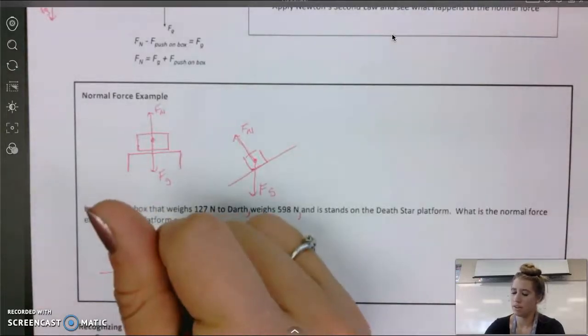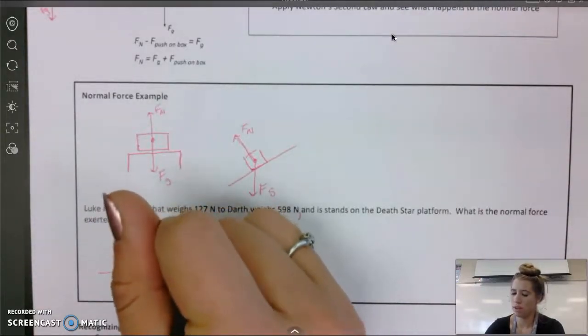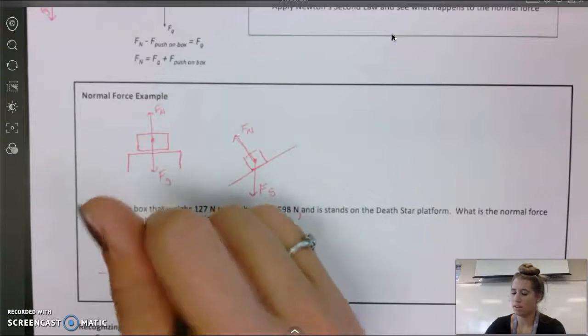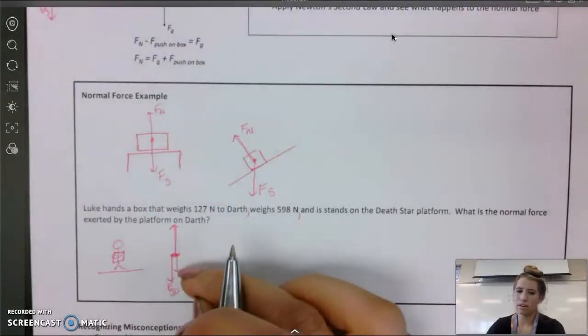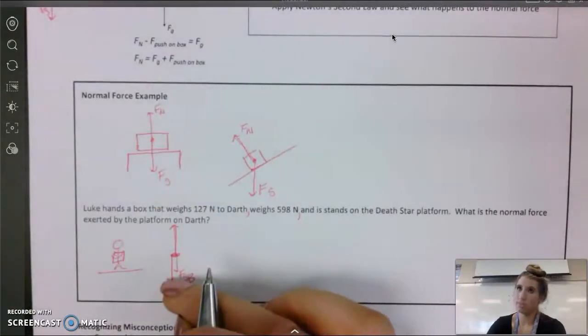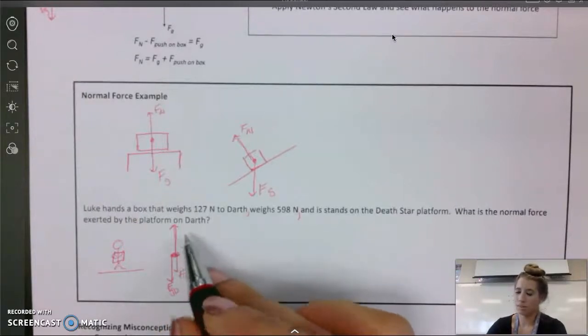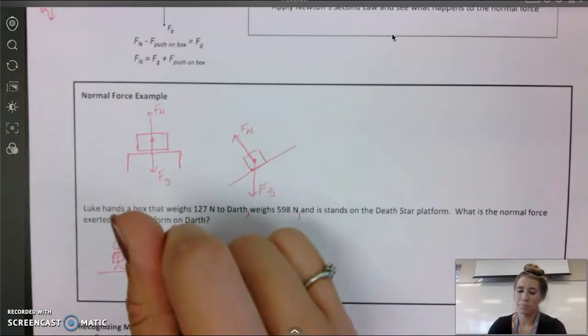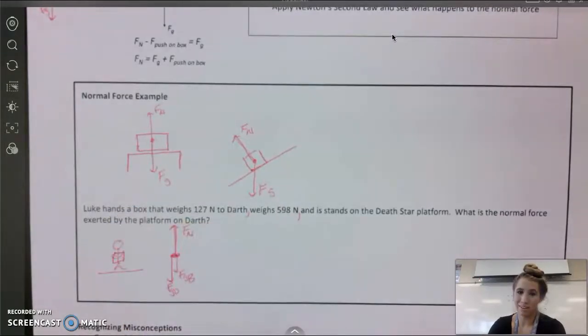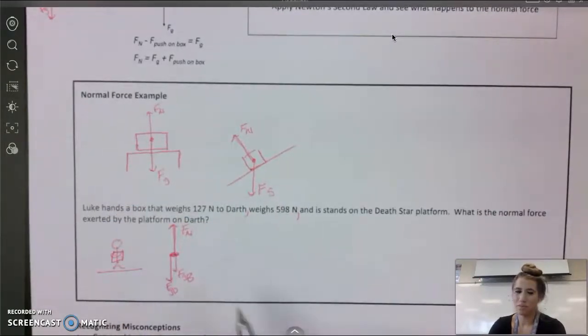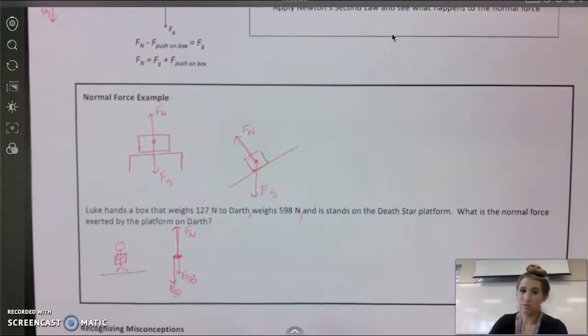And so we have to have a normal force because he's not flying up in the air or sinking down into the Death Star. So the magnitude of these two vectors need to equal the normal force pushing back up on it. Okay? Because our net force needs to be 0. Because again, he's stationary.